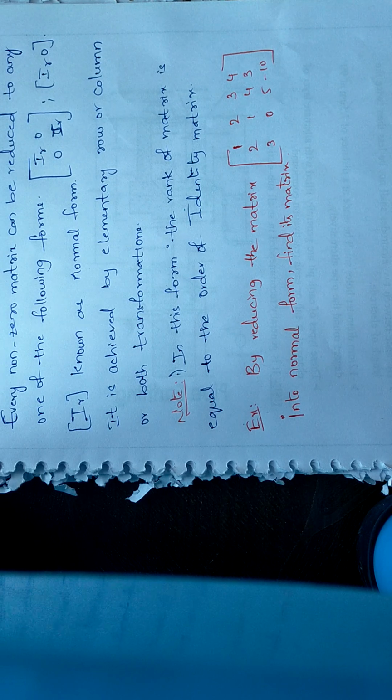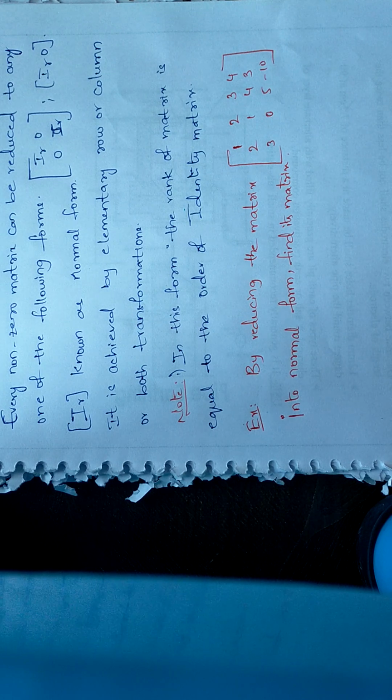In echelon form, we used to get all the zero rows at the bottom, and the non-zero rows will be the rank of the matrix. Since in echelon form it is only rows, we get zeros in the upper triangular part.